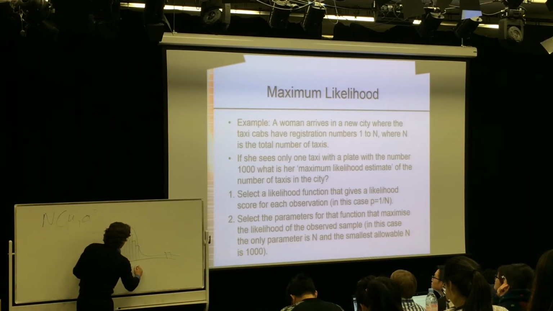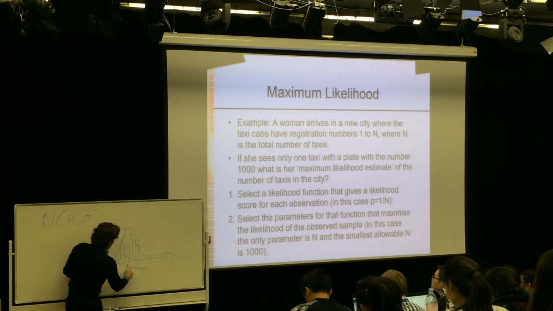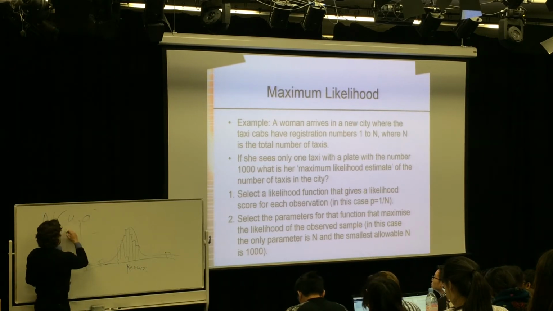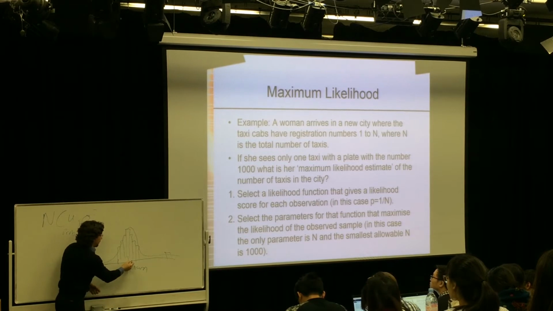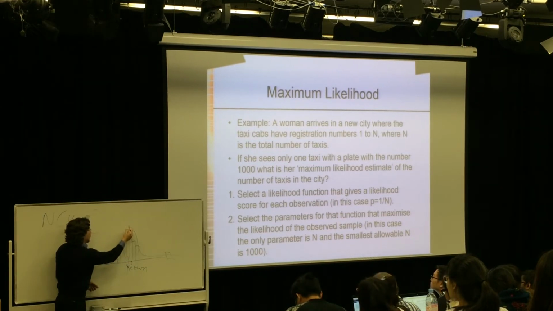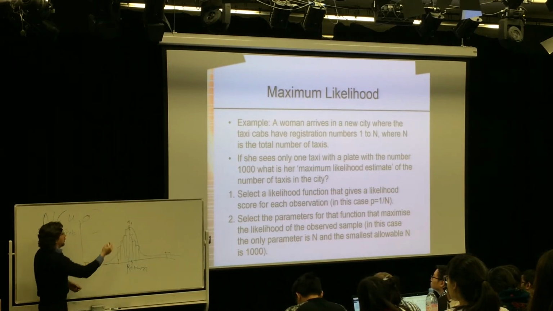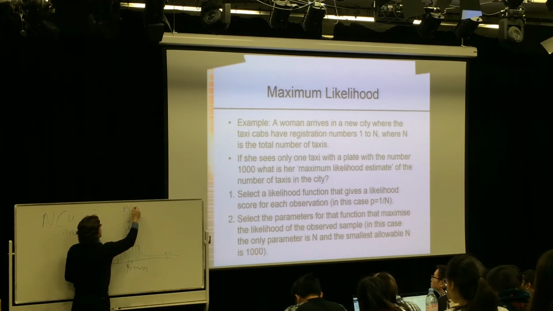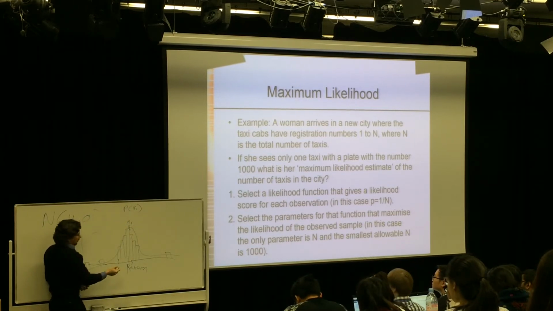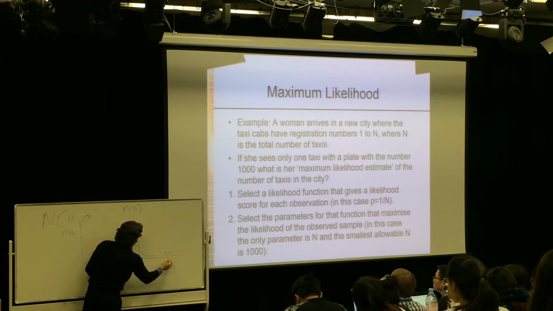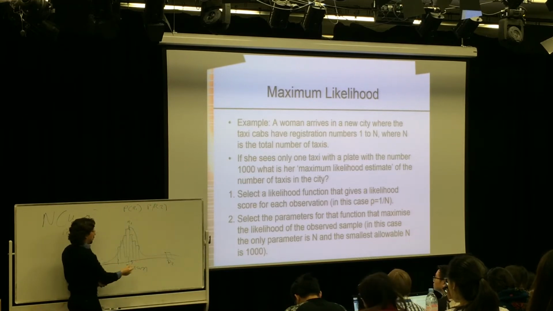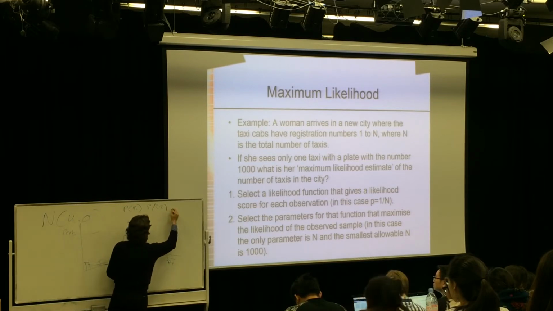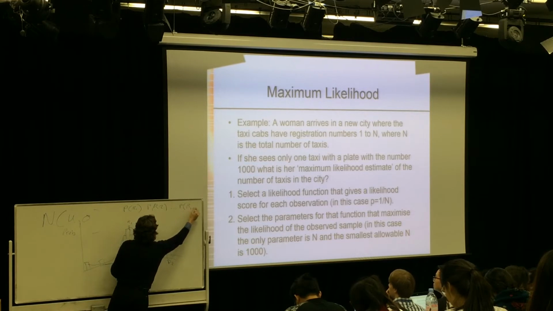You've got the return on the x-axis and probability on the y-axis. Let's say return 1 is here, with a probability of p(r1). Return 2 is out here, with a probability of p(r2), and so on, up to r1,000, with a probability of p(r1,000).